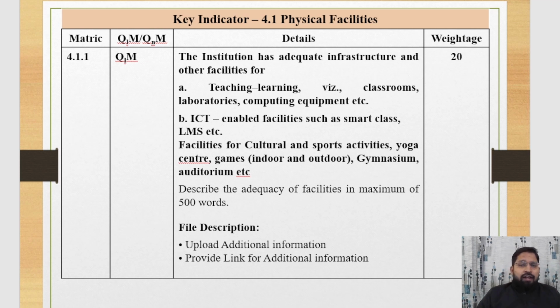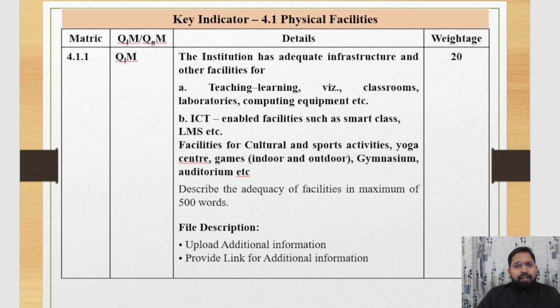Then as proof, you can attach a geotag photo of classrooms, geotag photo of laboratories, and other lab facilities. And the second one is the ICT enabled classroom. Similarly, if your class has ICT enabled facilities, then you can share a geotag photo.